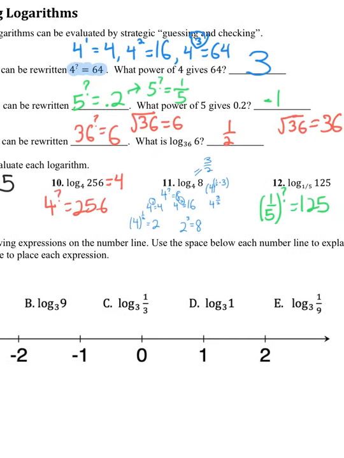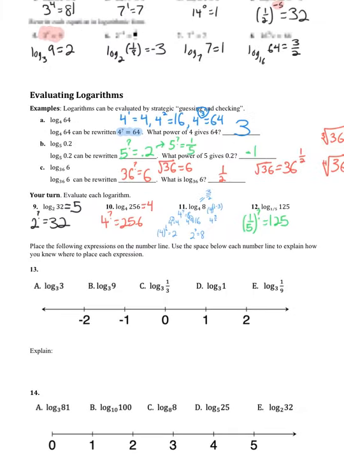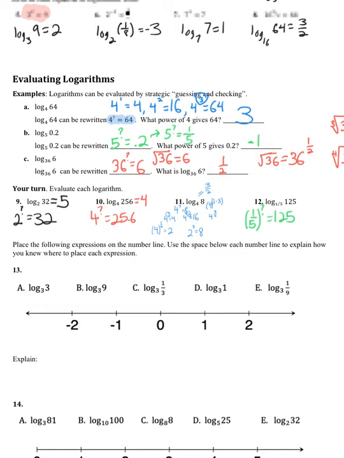All right, and last problem here. Let me zoom out a little bit. There we go. 1/5 to the question mark equals 125. The absolute first thing I see is that I can rewrite this as 5 to a negative power. If I make it a negative number, I'm going to be able to swap it and get it to 125.